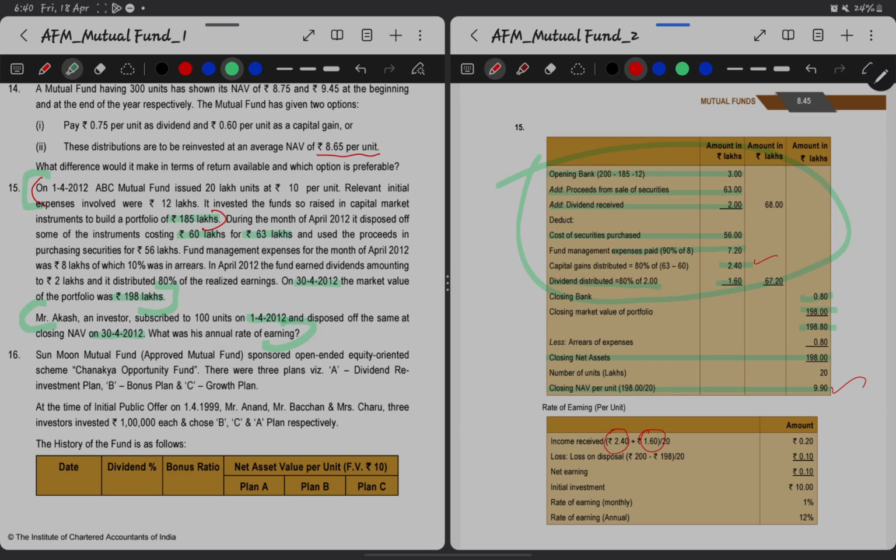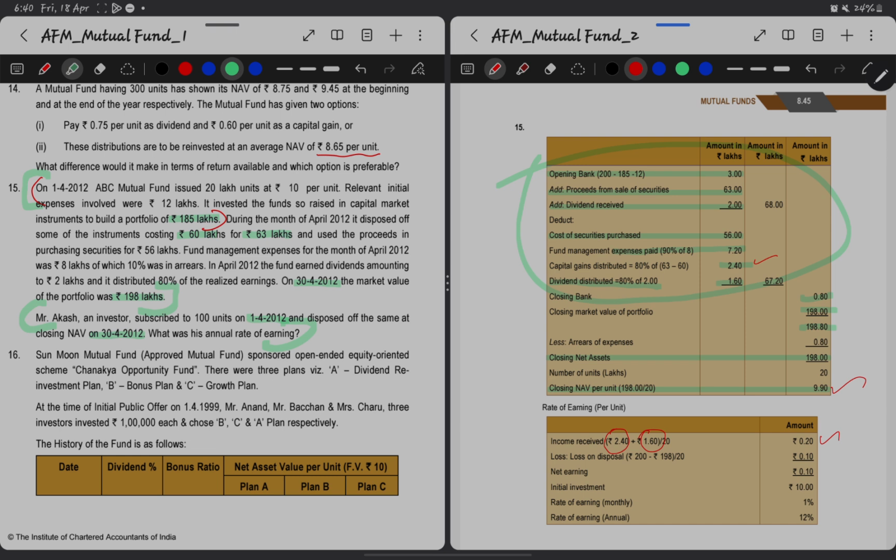So that portion only we have to take, 2.4. So 2.4 distributed in the sense to whom? To the investors. So as an investor, I received only 80% of the realized earnings. So that much only I also should consider as income for me. So 2.4 plus 1.6 divided by 20 will give us the per unit income received. Correct. Per unit it's nothing but 0.2.